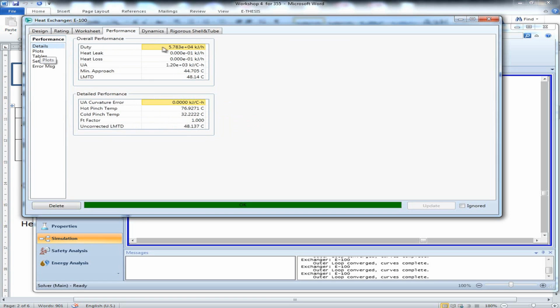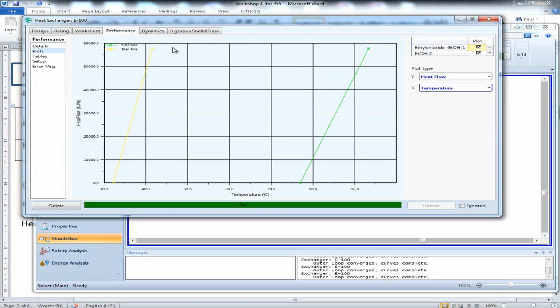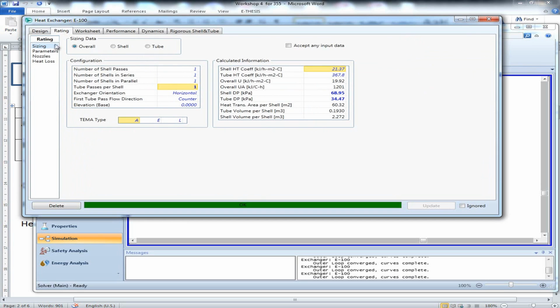And when we look at the plot of the heat flow and temperature, you will see that the energy flow on the tube side and the shell side are not very close to each other. So this means the heat transfer is not very nice. One thing you have to do is find out how much the minimum approach of this heat exchanger is.